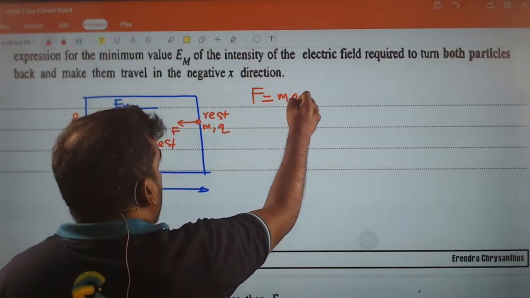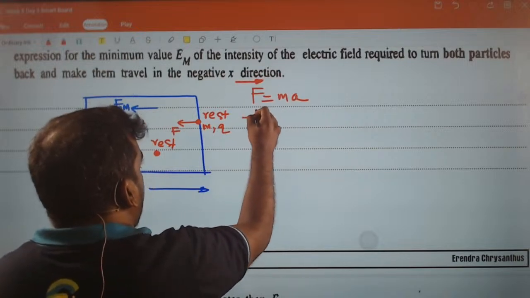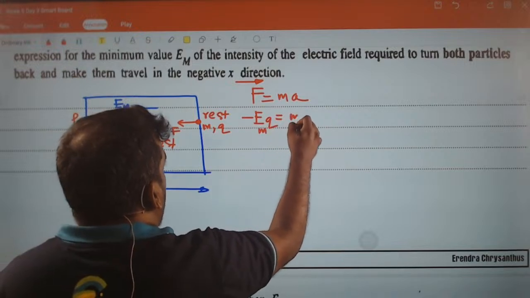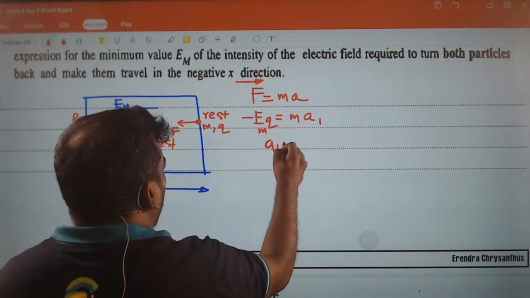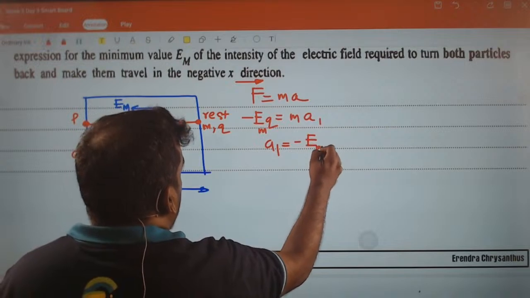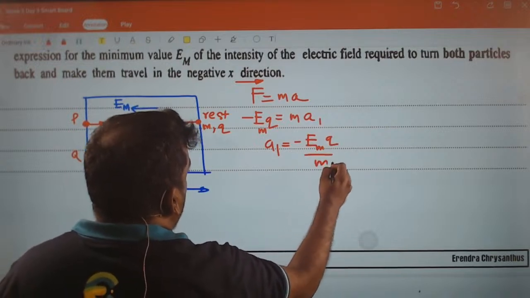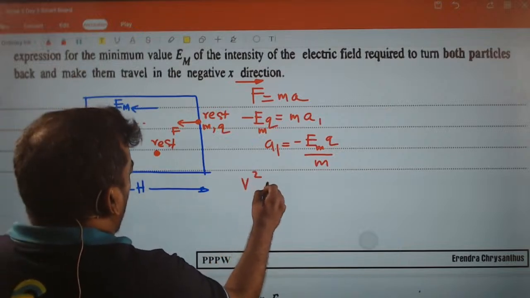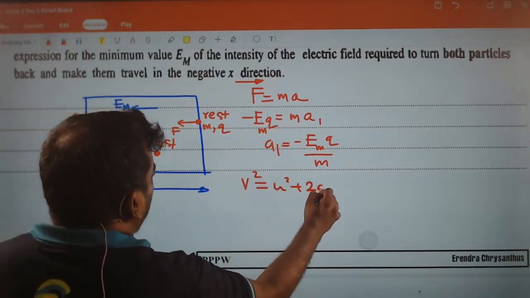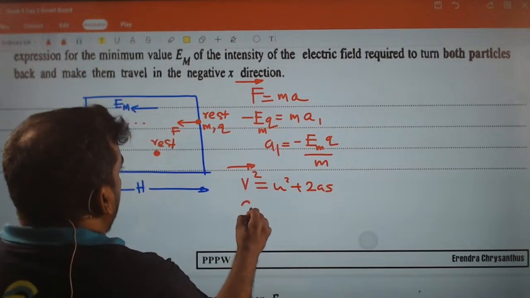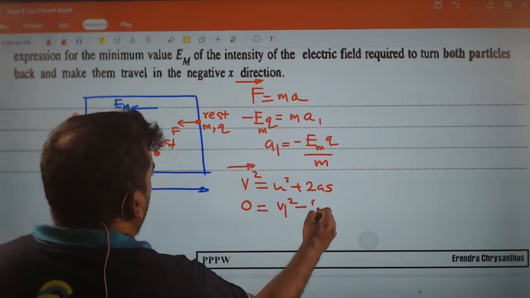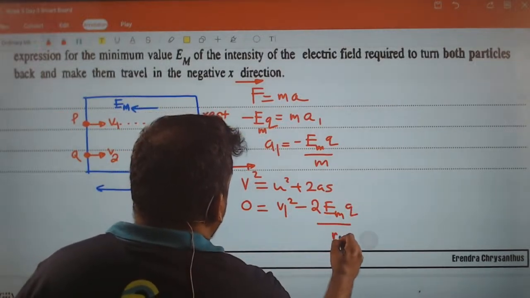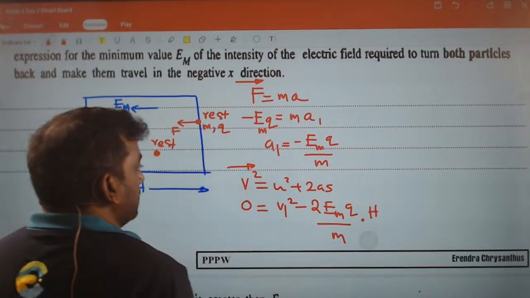So F equals ma. Forward, you have minus E minimum Q equals mass times acceleration a1, so a1 is equal to minus E minimum Q over m. V squared equals U squared plus 2as. Final velocity 0, initial V1 squared, 2 times acceleration minus E_m Q divided by m, distance h.